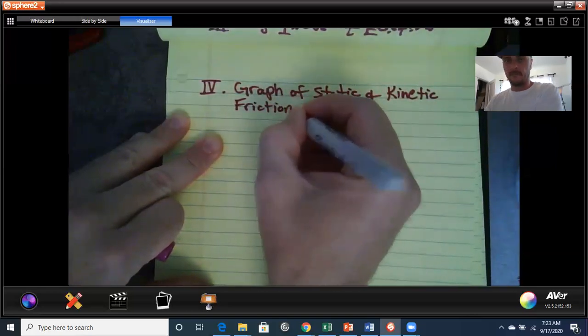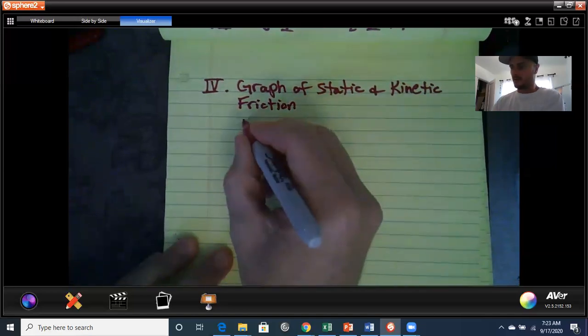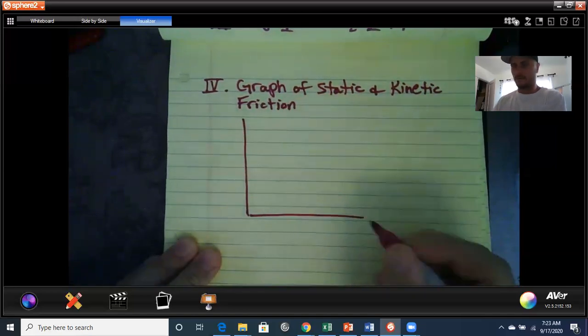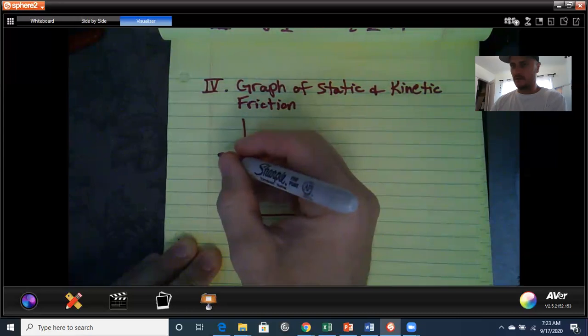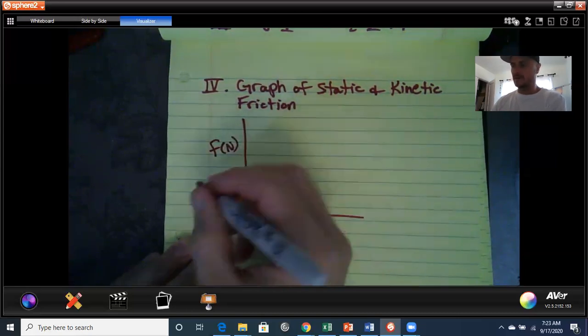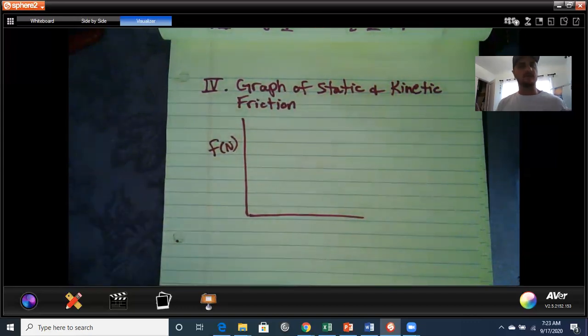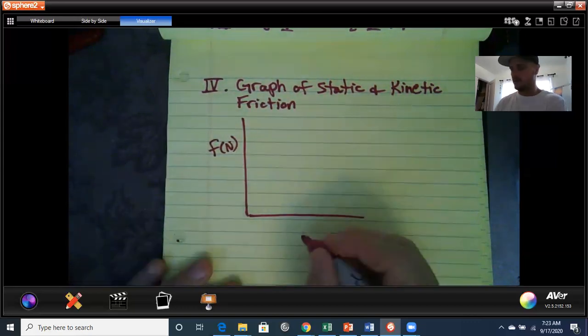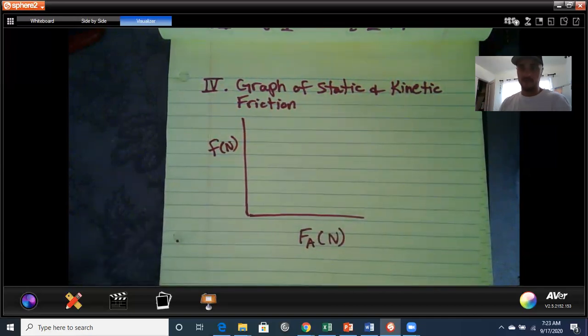Very good. All right. Let's throw it down here. And I'm going to make this my friction axis. And we're not going to say it's static or kinetic. We're just going to say friction in general. Okay. And this will be my applied force axis, also measured in newtons.